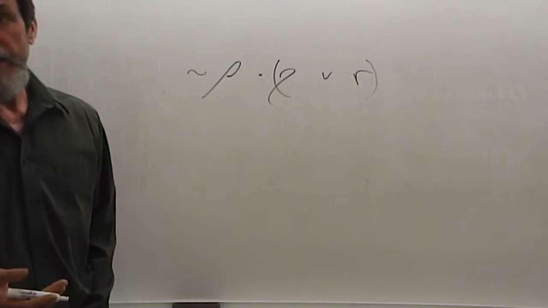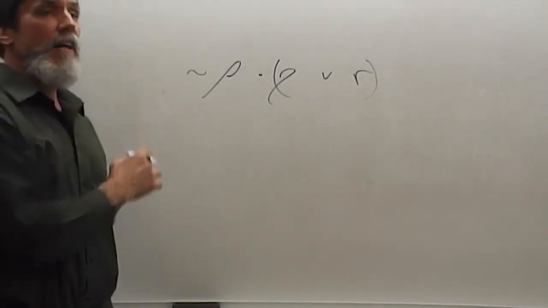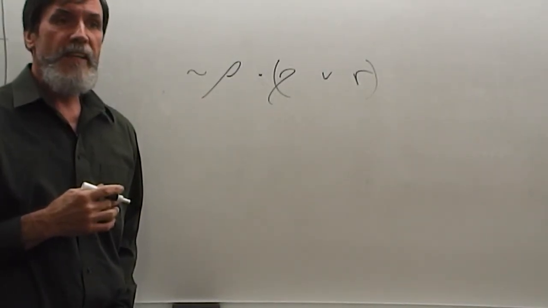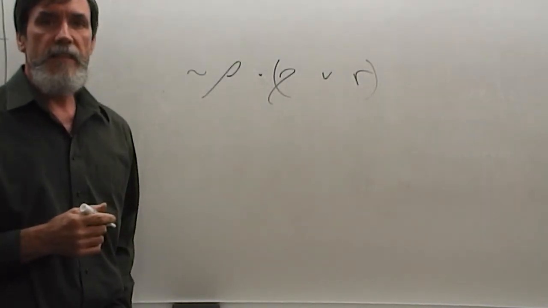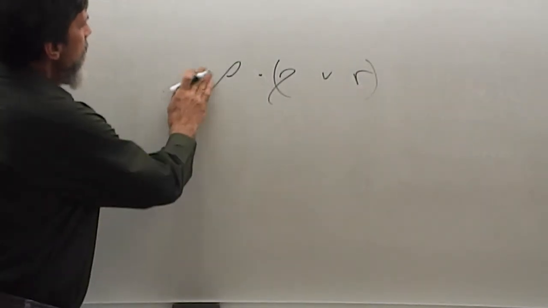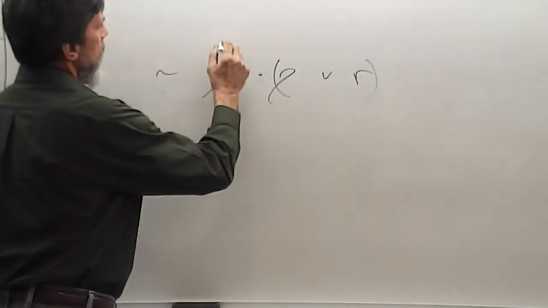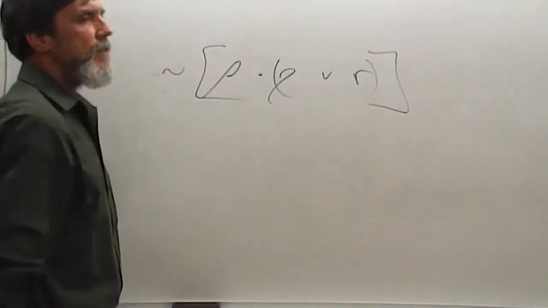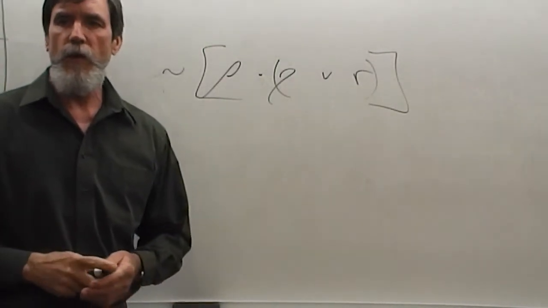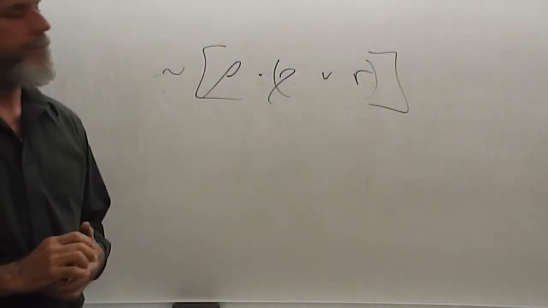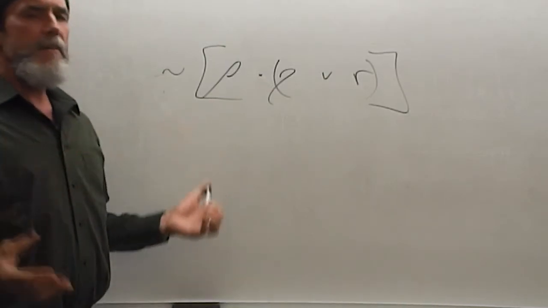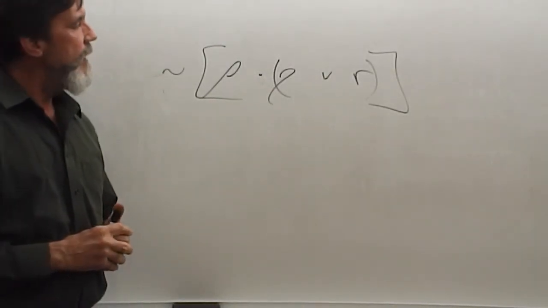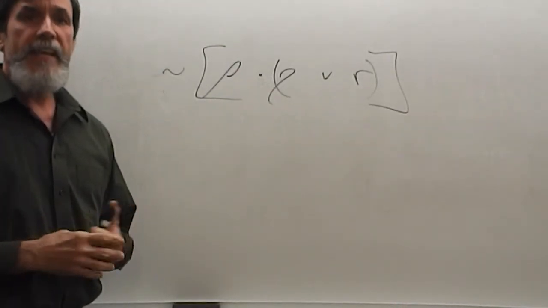It happens now to be a conjunction whose left-hand conjunct is a negation, and whose right-hand conjunct is a disjunction. But were we to have the next order of punctuation, we resort to the brackets. That's a different statement. Now, this is a negation.